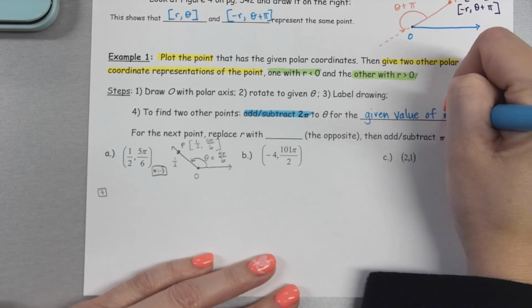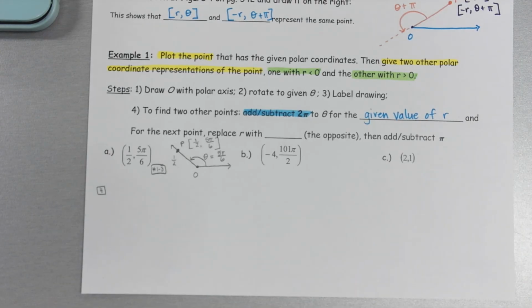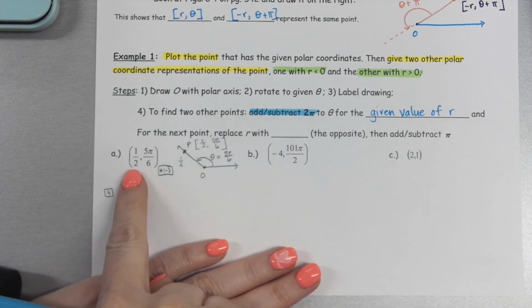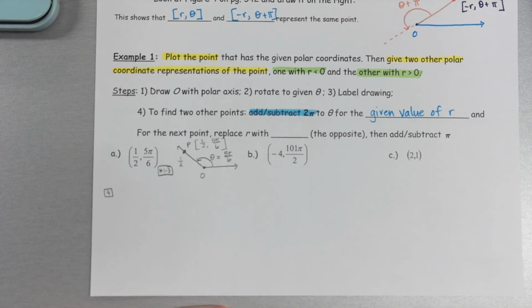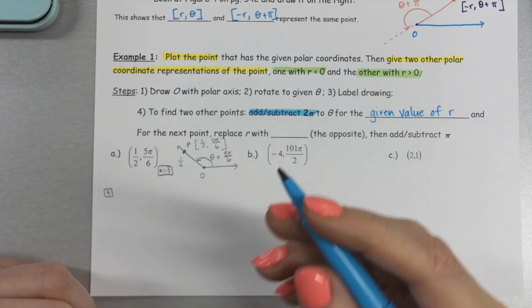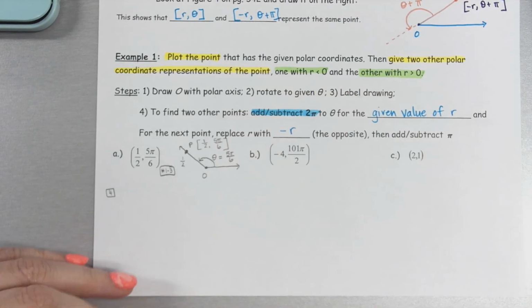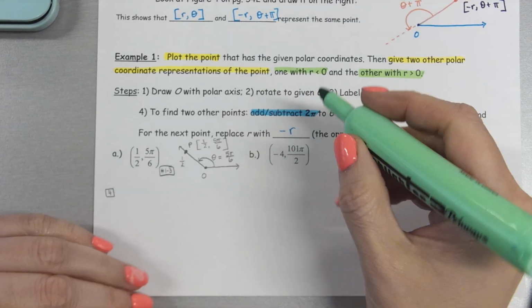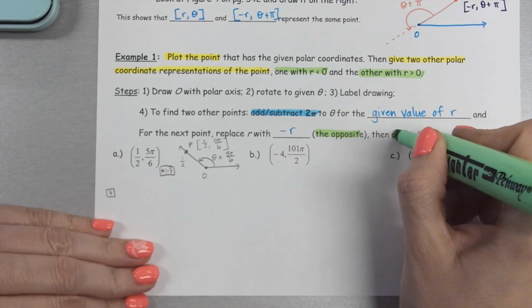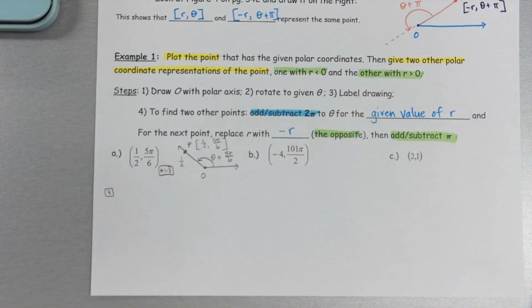It's whatever your given value of r is. Okay, so whatever's given in the problem here. Okay, and then for the next point, you're going to replace r with the opposite. And once you replace it with the opposite, that is when you add or subtract π, because it is π units away.